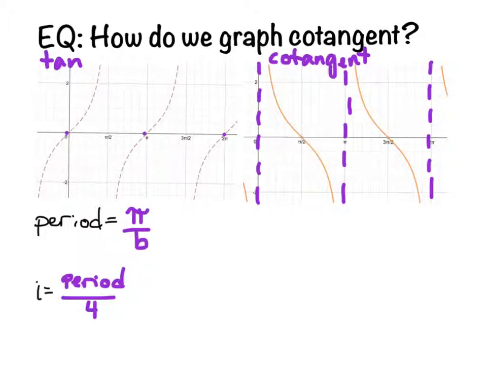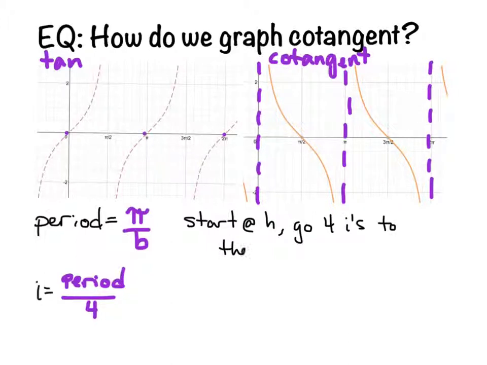Only now, instead of having to go 2 to the right and 2 to the left, we're always going to graph them like this. We will start at h, and go 4 increments to the right, and you'll have vertical asymptotes at the beginning and ending of the period.